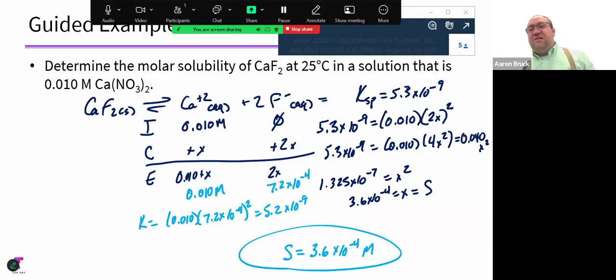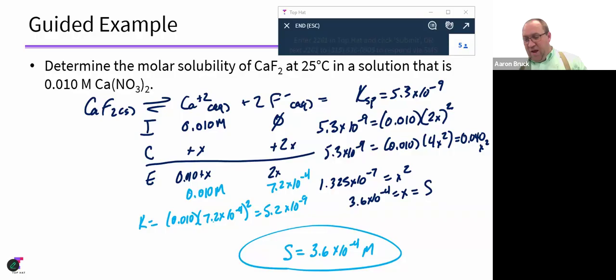But again, we can see the impact here of the common ion effect, because we didn't do this calculation, but had we, the original molar solubility was 1.1 times 10 to the negative 3rd. So in pure water, about 3 times as much of the solid dissolves.